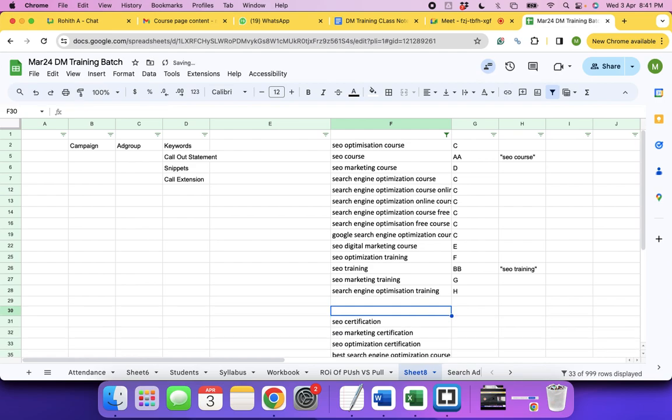Search engine optimization SEO training, not needed. SEO certification, this is different. SEO marketing certification, you may have to bid on this.